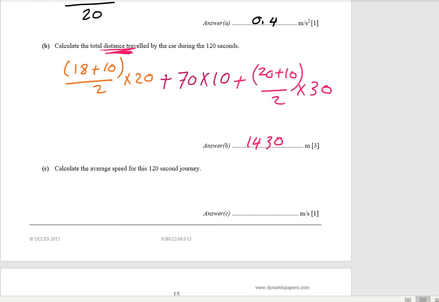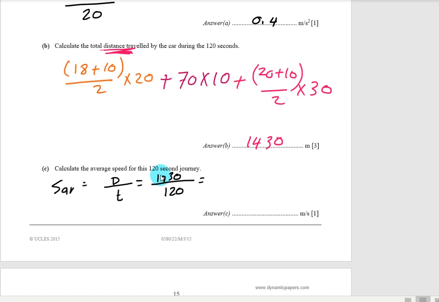Calculate the average speed for this 120-second journey. Again, the average speed will be the total distance divided by time. This is the total distance and this is the time. The total distance we already calculated, 1430, and the total time is 120 seconds.